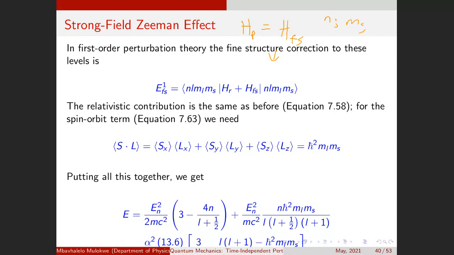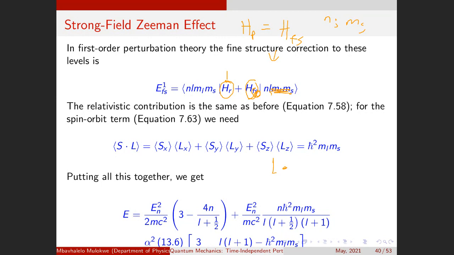Now we have to use this set of quantum numbers, so we have to figure out what this will be. It's claimed that H_R doesn't change. The only thing that changes is the spin-orbit term.